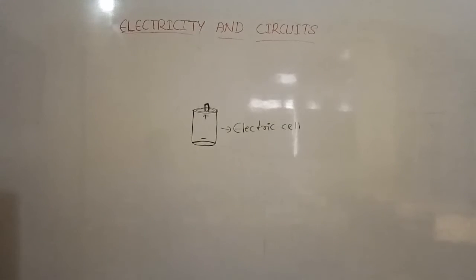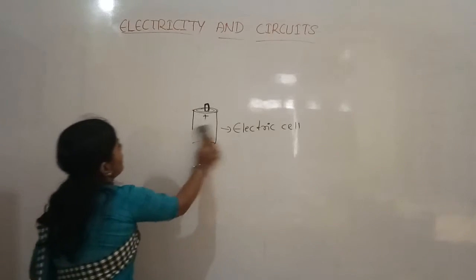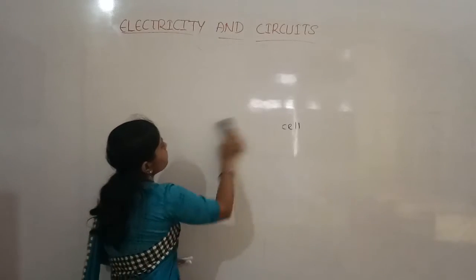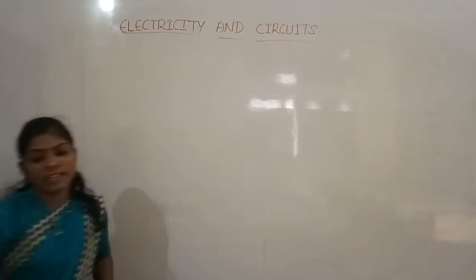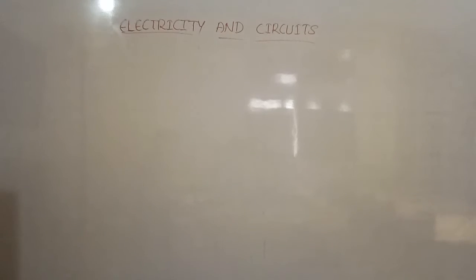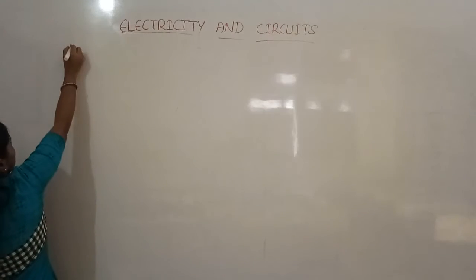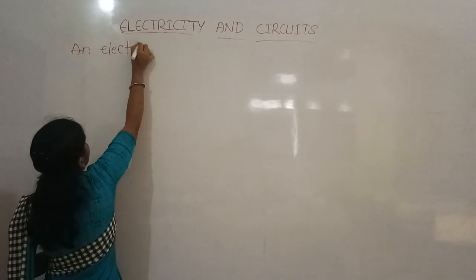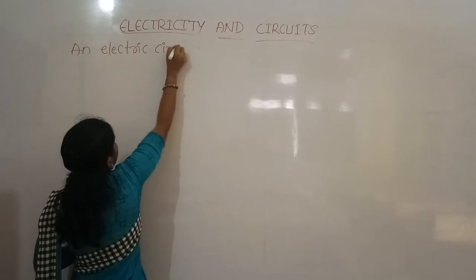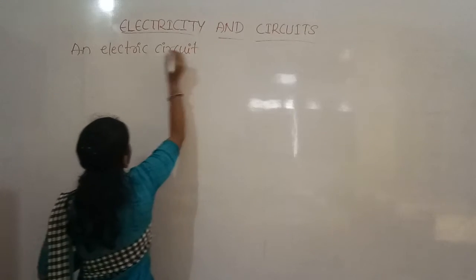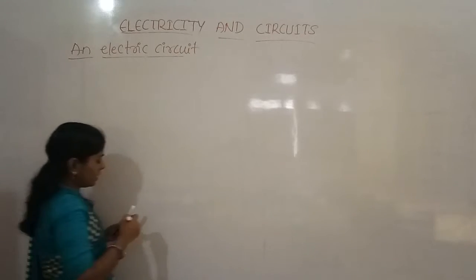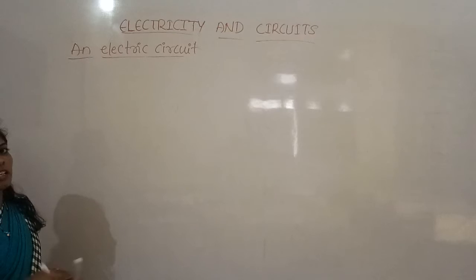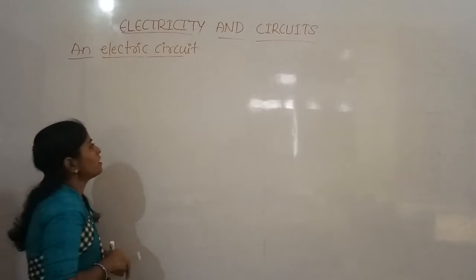So see here, to understand an electric circuit, we can just recall what we have learned in yesterday's class. Yesterday I showed it, and in your textbook also it is given.